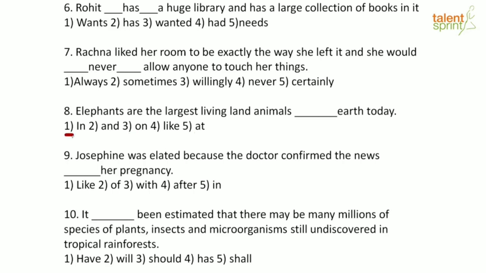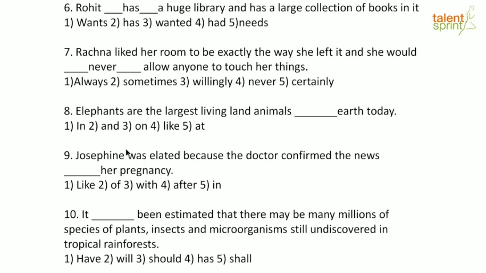When we say in as a preposition, it is normally used to talk about an enclosed area, a space, in a city, in a country, right? So in would not be the best fit here. Elephants are the largest living land animals in earth today, illogical. Elephants are the largest living land animals like earth today, again illogical.